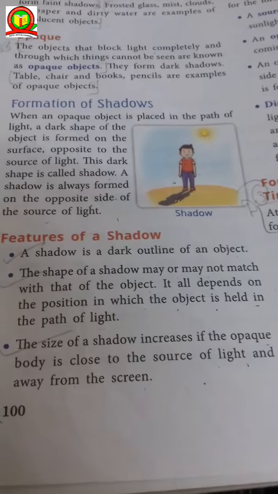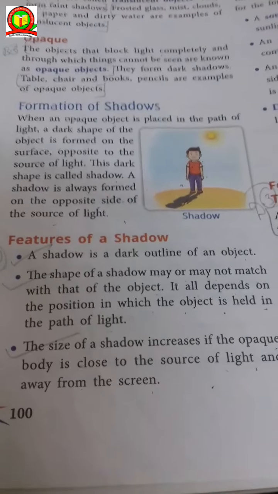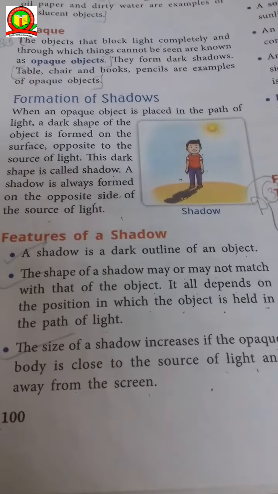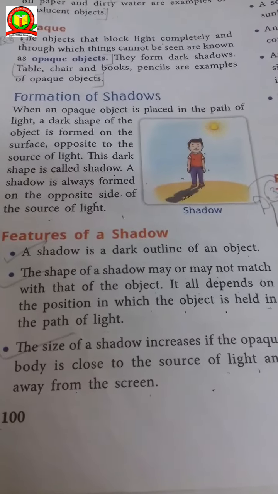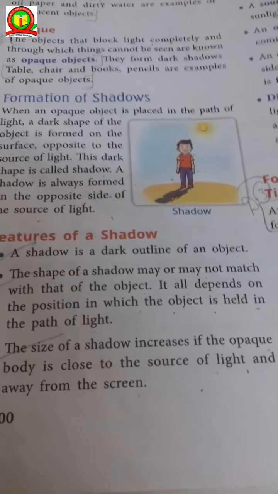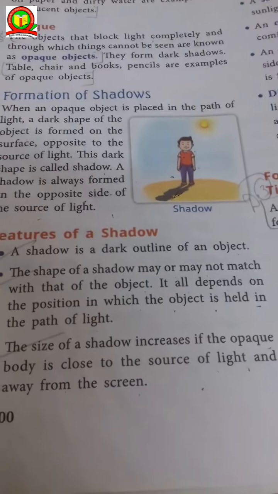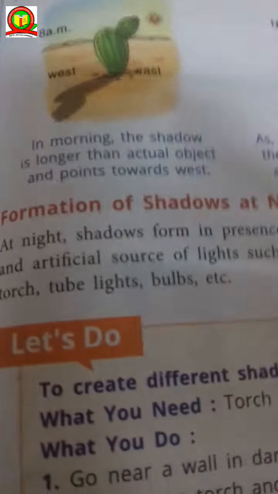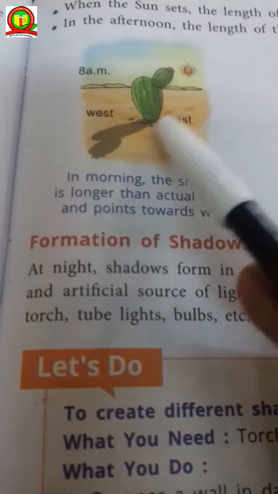A shadow is dark, and the shape of the shadow may not match the object and depends on the position. The size of the shadow increases if the opaque body is close to the source of light and away from the screen.